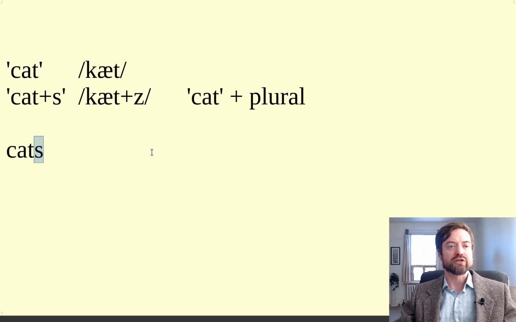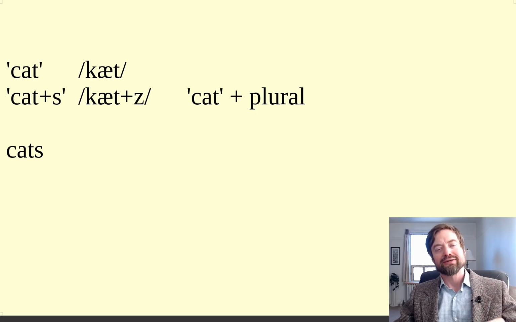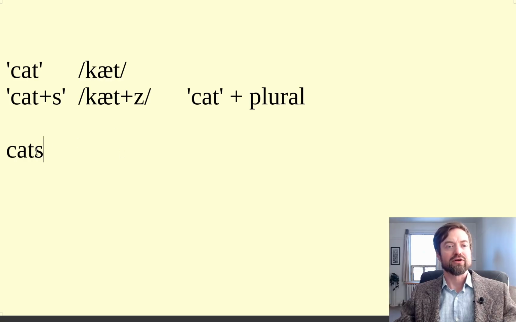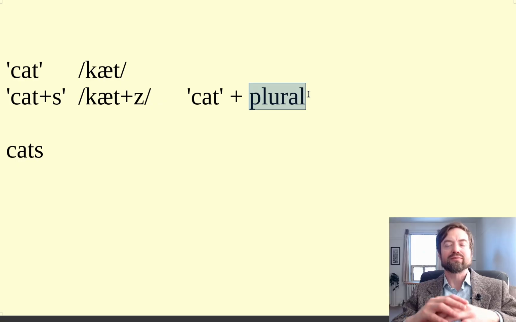So what's this? Well, of course, you can think about all the other words that you can add S to, or maybe it sounds like a Z, but you can add it to cats and dogs and plants and all the other things, and they all have the same meaning of plural. And so you abstract that out.